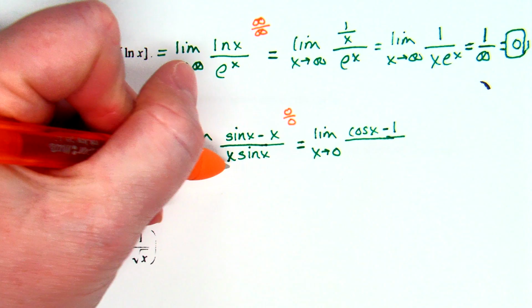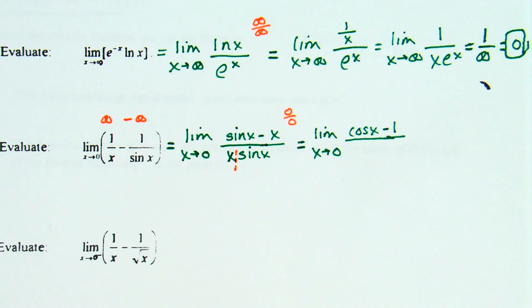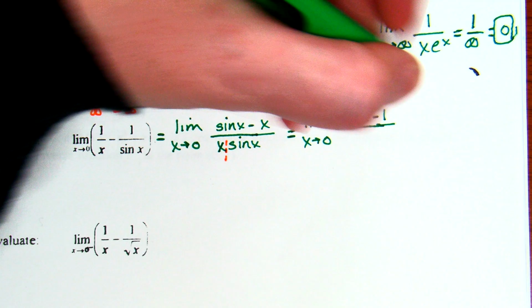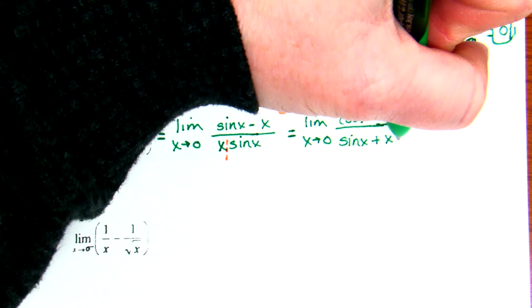There's two functions being multiplied together, so product rule. At least this one isn't that bad, though. So the derivative of x is 1, keep the sine x. Plus, this time we're going to keep the x, and the derivative of sine x is cosine x.